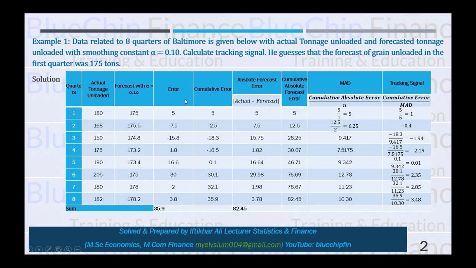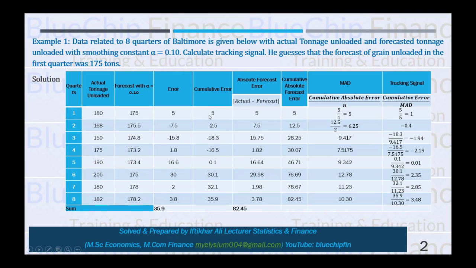After that, the second step is to calculate the cumulative error. It is very easy to calculate, just as you calculate the cumulative frequency. Similarly, you can calculate the cumulative error.